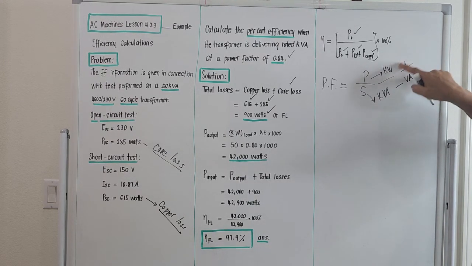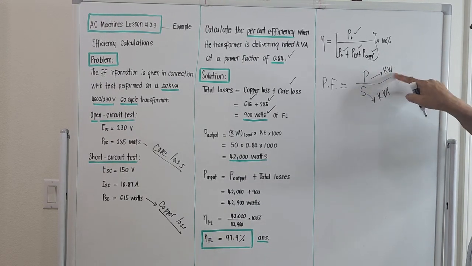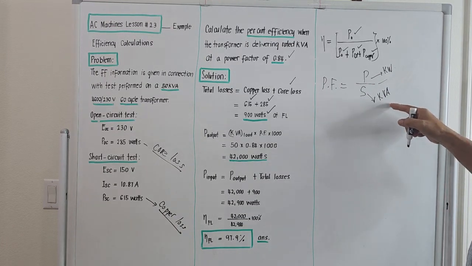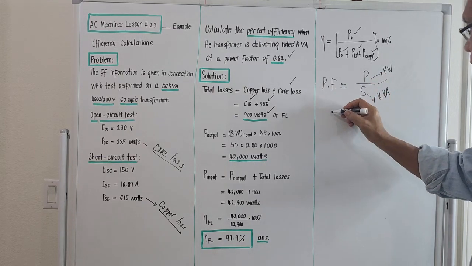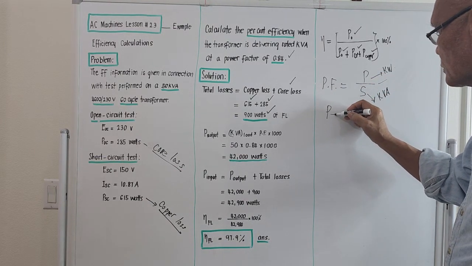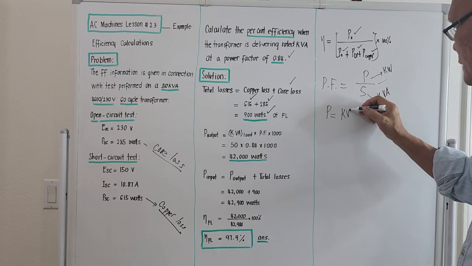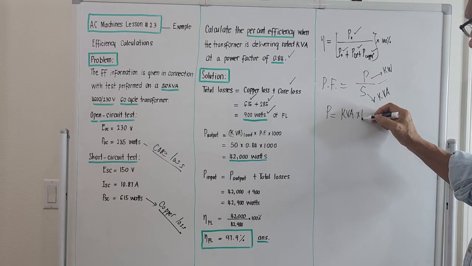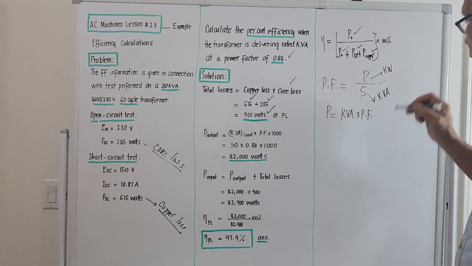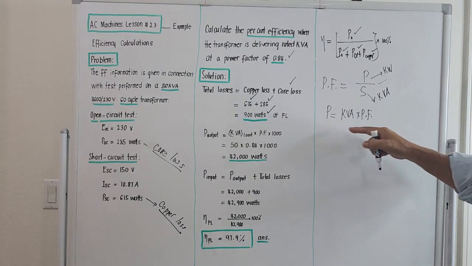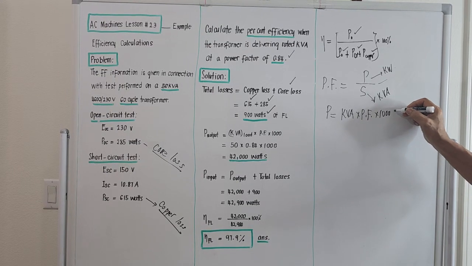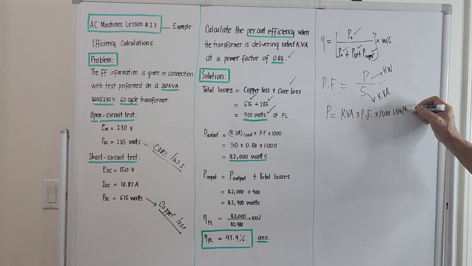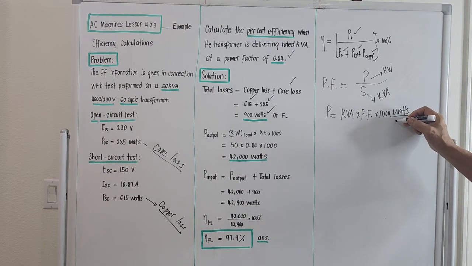But in here, we are computing for apparent power because the given apparent power is actually kVA. So if we try to compute for P, the true power is actually kVA times power factor, right? And to convert it to simply watts, we multiply this by 1000 watts per kilowatt, right?